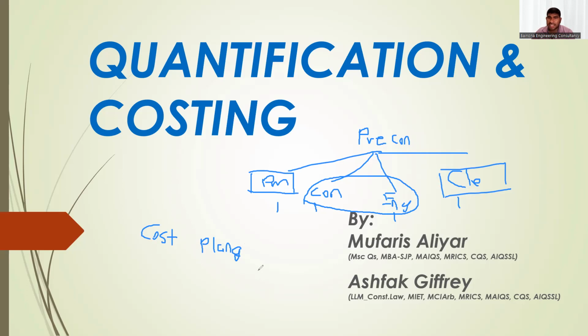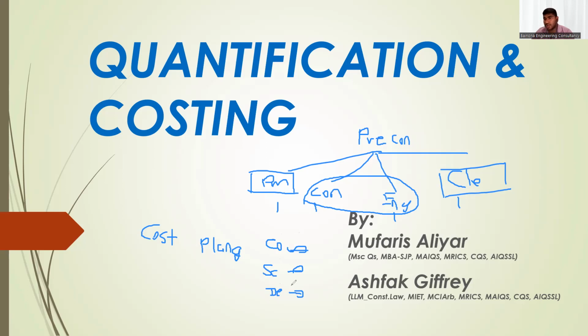This cost planning is a kind of budget that they prepare during the design stages, as we saw earlier: concept design, schematic design, detailed design. During these phases, they have to submit the cost report to the client. The engineer QS, the consultant QS, will prepare the cost report, and at each stage submit it to the client.